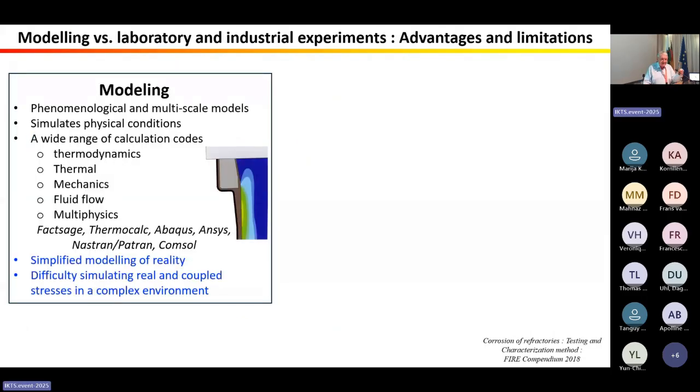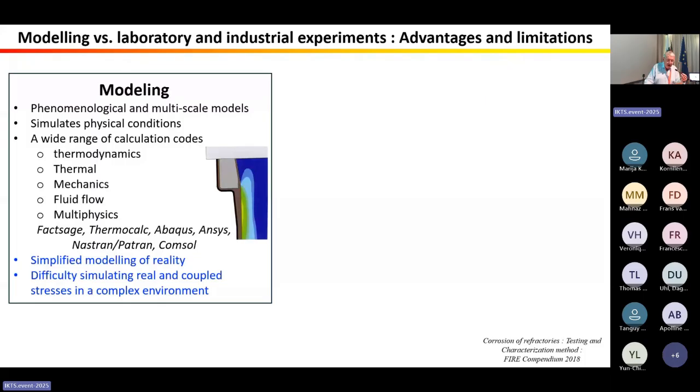What are the advantages and the limitations of laboratory experiments and modeling? We can use phenomenological or multi-scale models. We are able to simulate physical conditions.